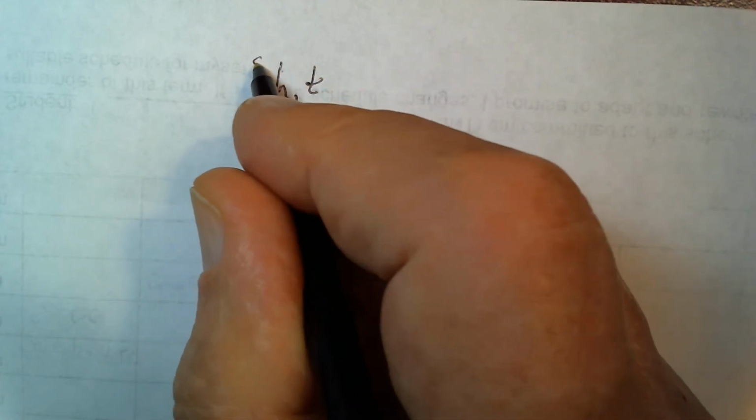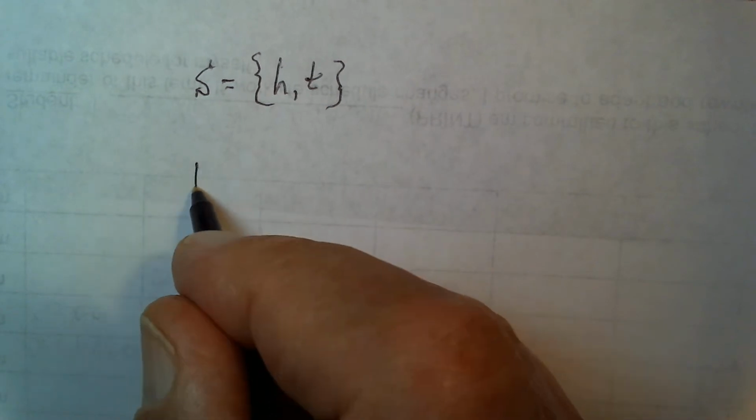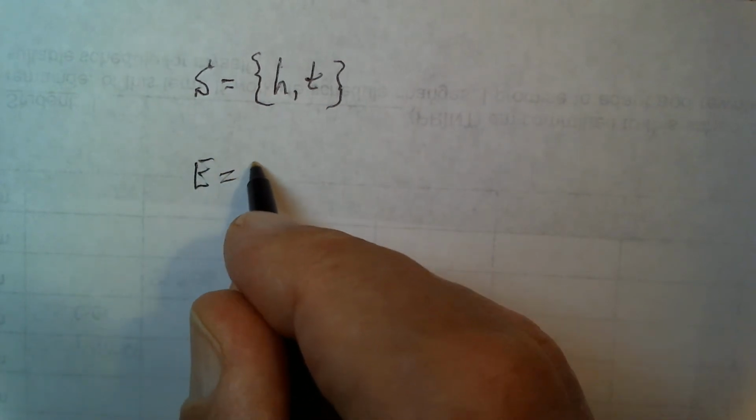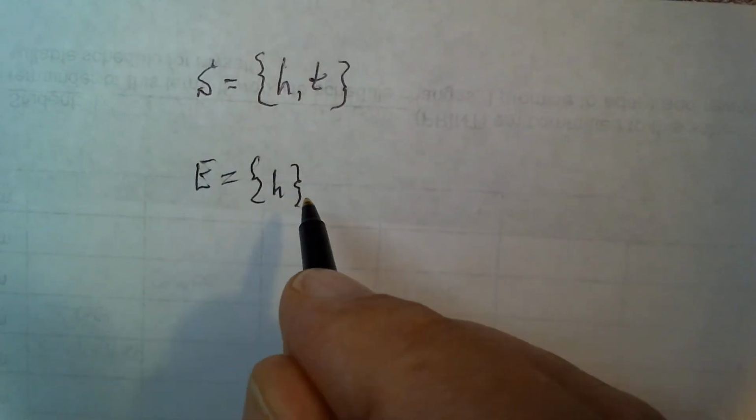So you think about tossing a coin, and we know when we toss a coin we can have heads or we could have tails. In this case, that is the sample space. That's all that can happen. These are all possible outcomes. Now let's say an event that we're looking for is the event of heads, okay?